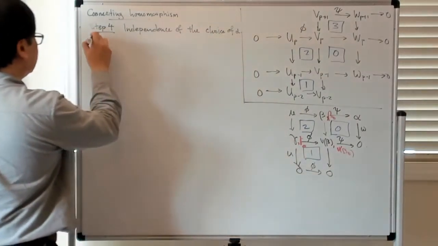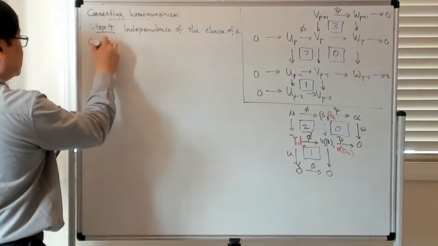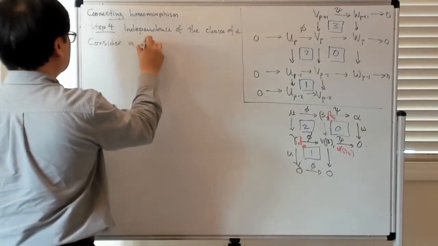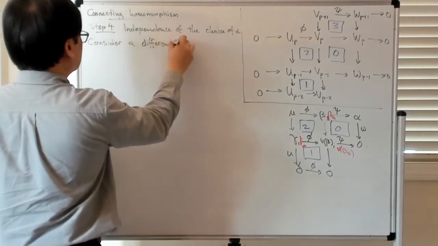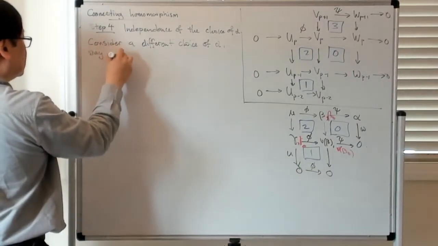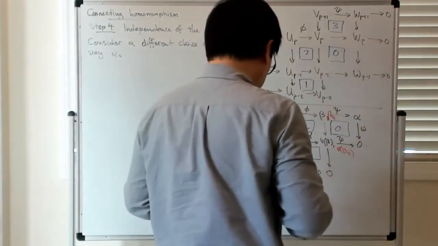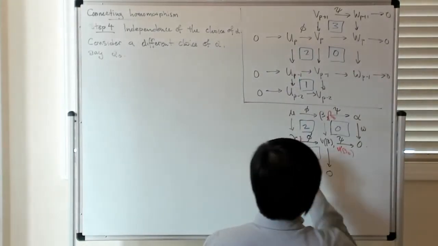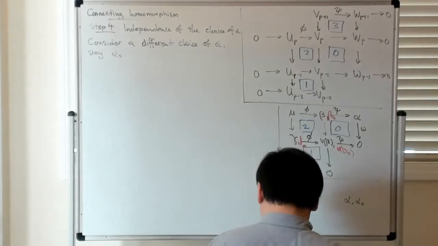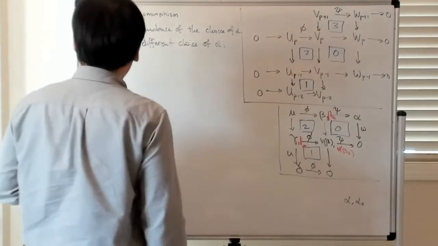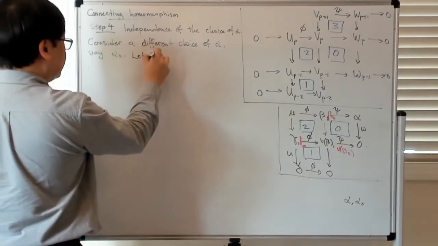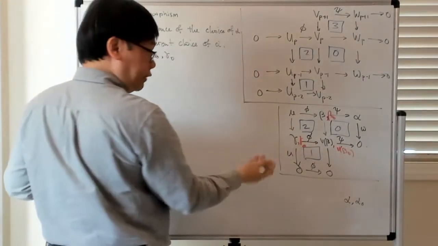Consider a different choice of alpha, say alpha 0. I'm just going to leave this here and say that there's an alpha and alpha 0 here. So you let beta 0 and gamma 0 be the corresponding things you get as before.